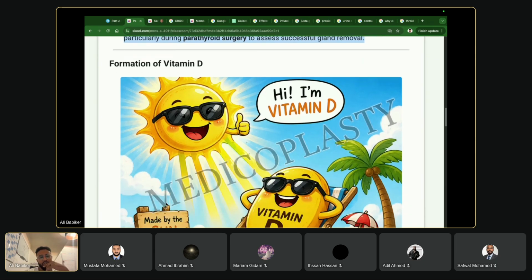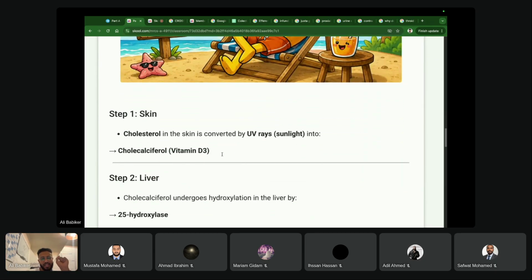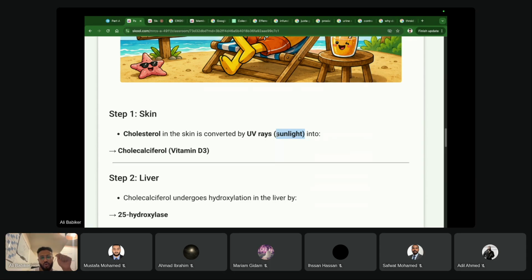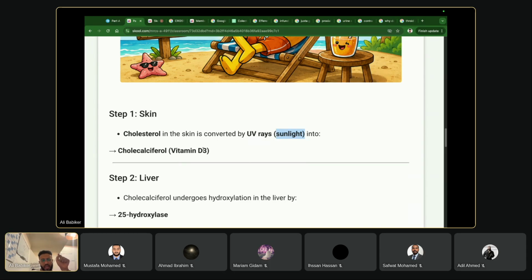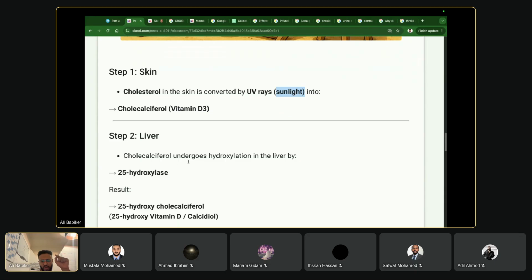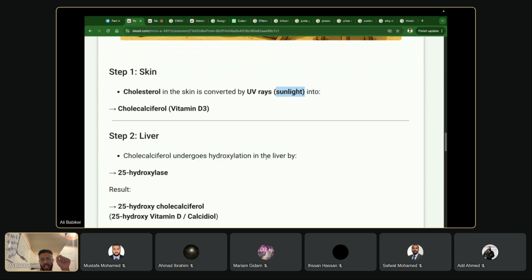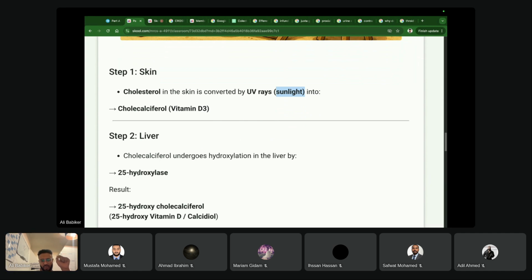All right, formation of vitamin D. In the skin, cholesterol is converted by ultraviolet rays, which is basically sunlight, into cholecalciferol, vitamin D. In the liver, the cholecalciferol undergoes hydroxylation by 25 alpha hydroxylase.